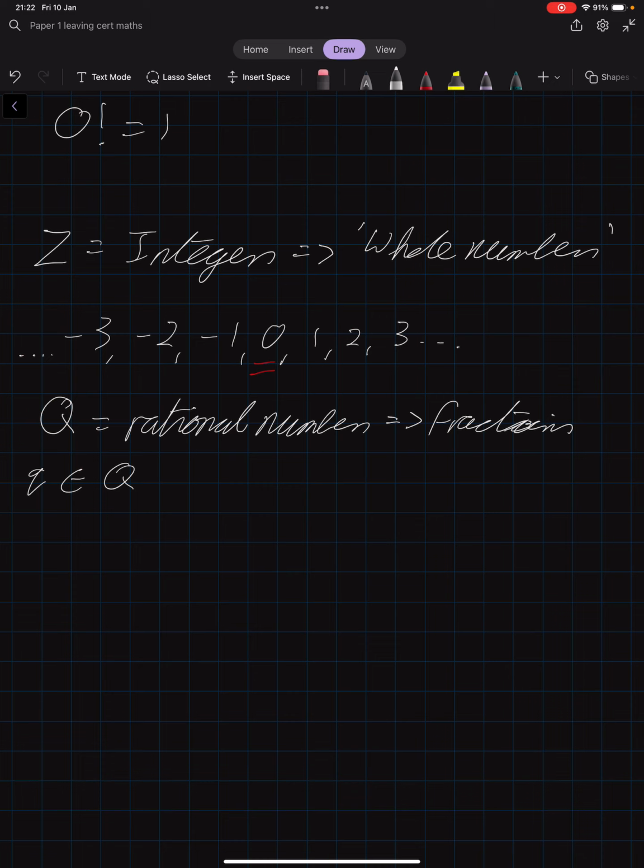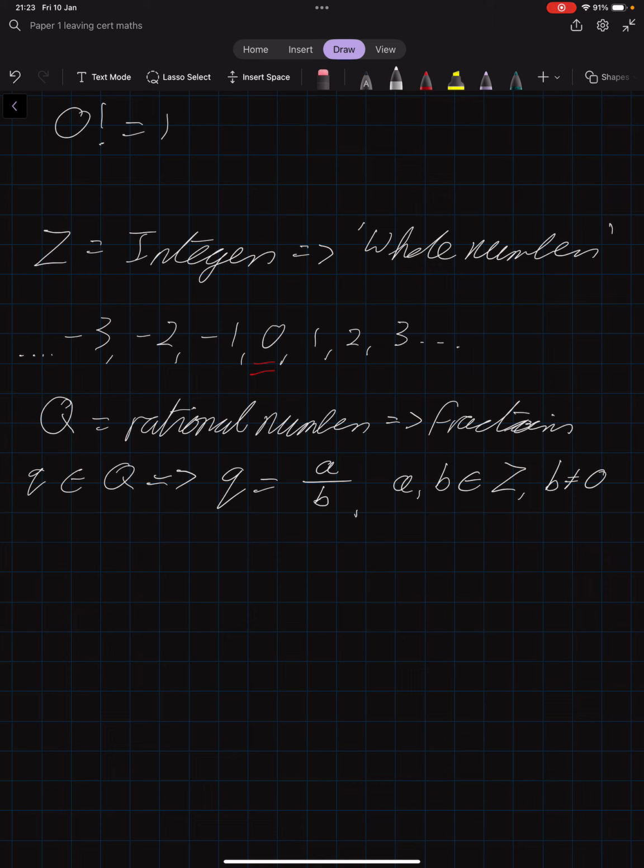So this is saying that q is a fraction. So if q is a fraction, this is the same thing as saying that q can be written in the form of a over b, where a, b are both in z, where b is not 0, because then we'd be dividing by 0 and that can't happen.